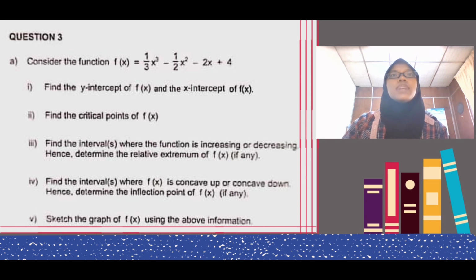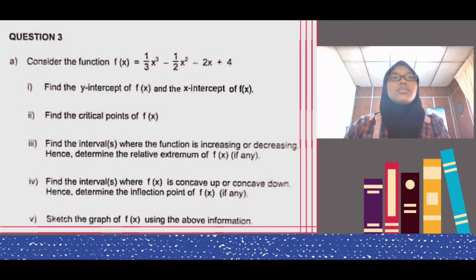Now we'll start with the problem statement, which is: consider the function f(x) equals 1/3 x cubed minus 1/2 x squared minus 2x plus 4. First, we find the y-intercept and the x-intercept. Next, we find the critical points of f(x), and afterwards find the interval where the function is increasing or decreasing, hence determine the relative extremum of f(x), if there are any, of course.